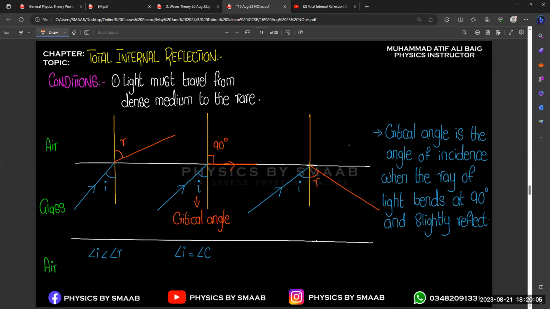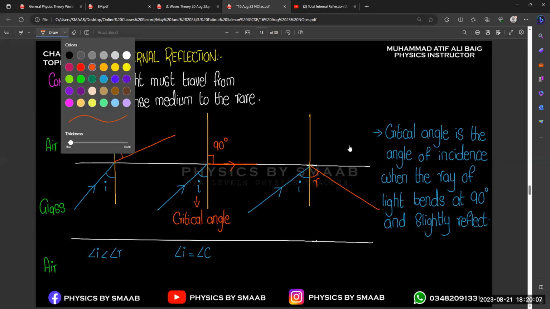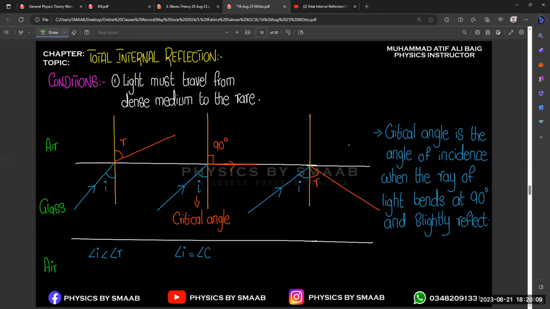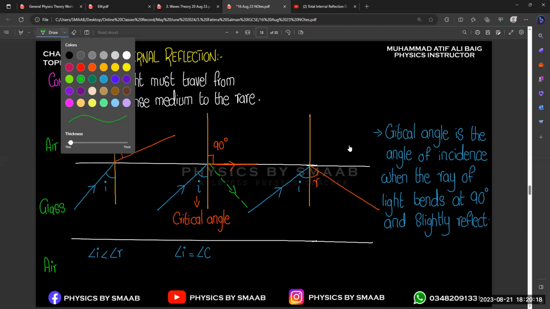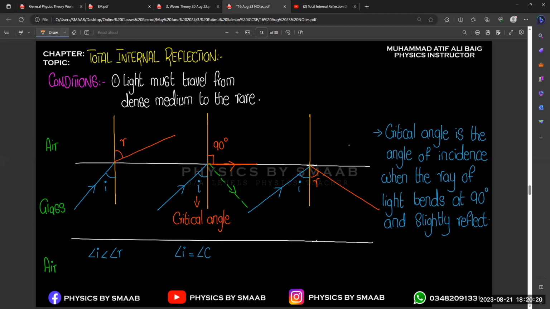And in the second situation, we can say a little bit of light is reflected over there. So there is a slight reflection of light also in the second case. And in the third case, your angle of incidence is greater than the critical angle.